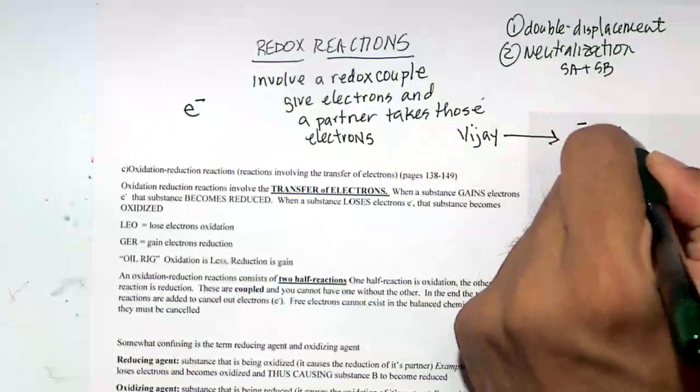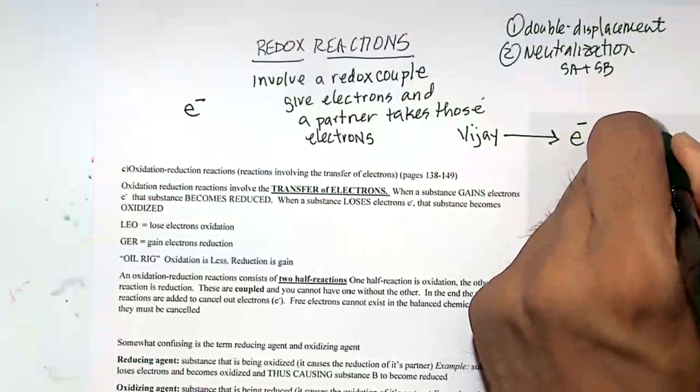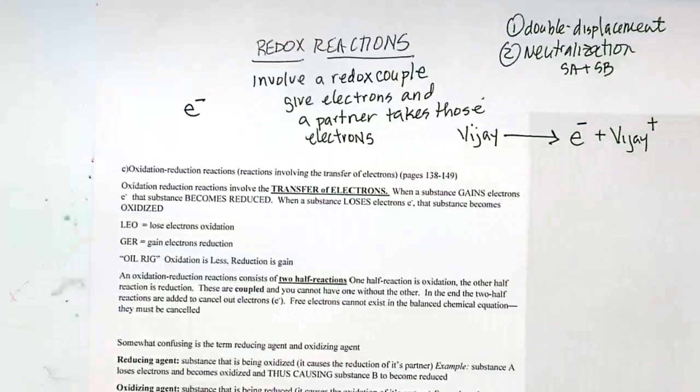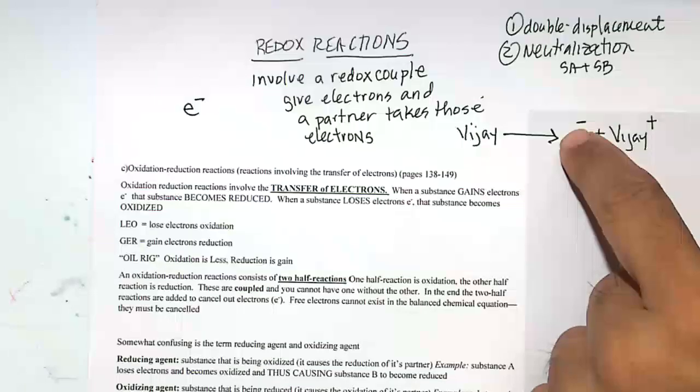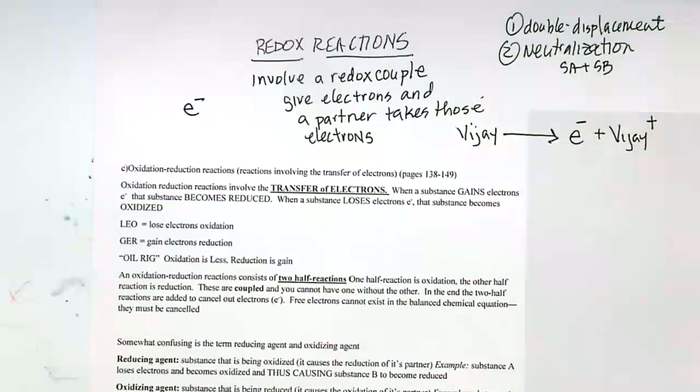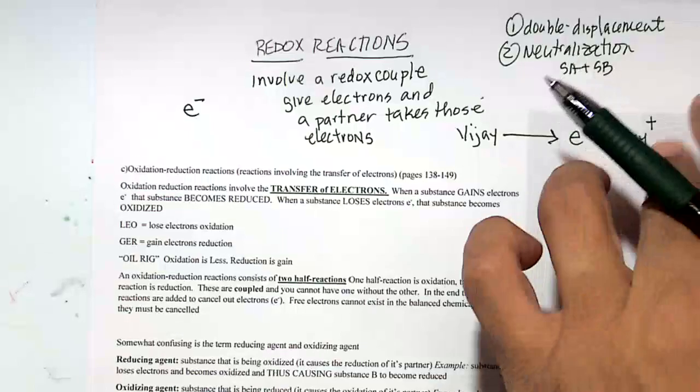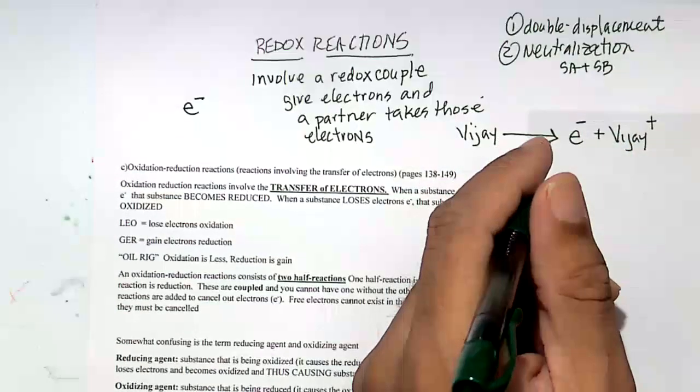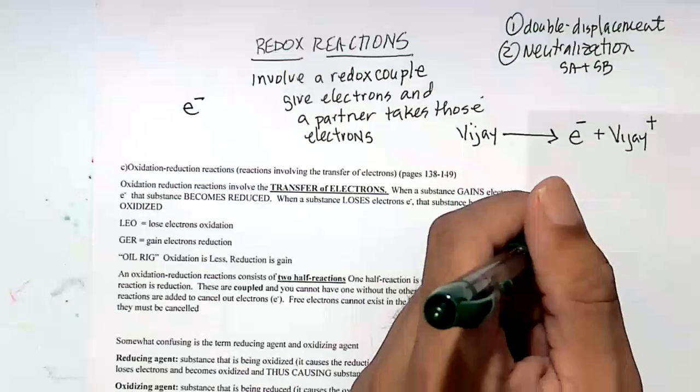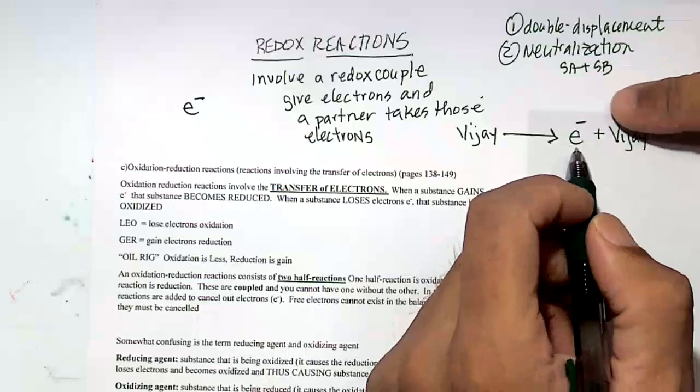When I give that electron away, I become positively charged. I am balanced; this minus and this plus balance each other out, so it's 0 and 0 on both sides of the equation. You need someone to take an electron.